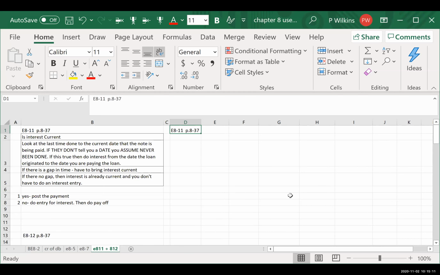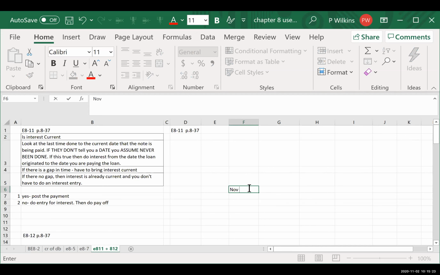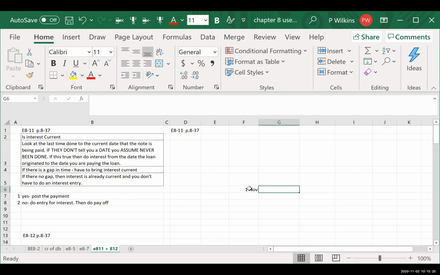So November 1, loan $60,000 cash to Seaboard on a 12-month 7% note. So we've got November 1. We're going to debit notes receivable because that's what we got, right? We got a promise to pay from a customer.